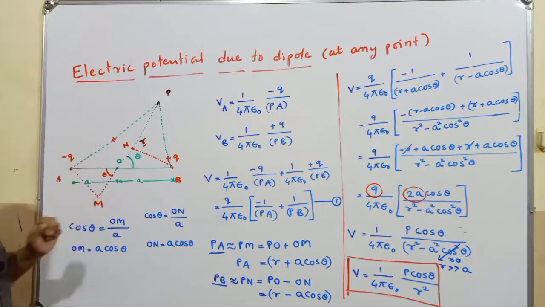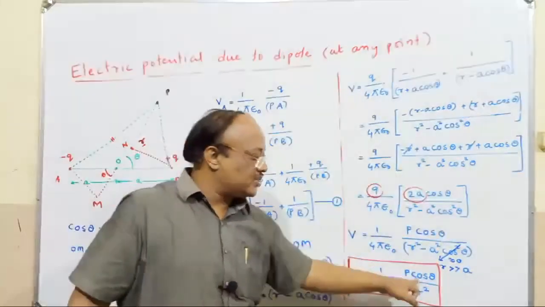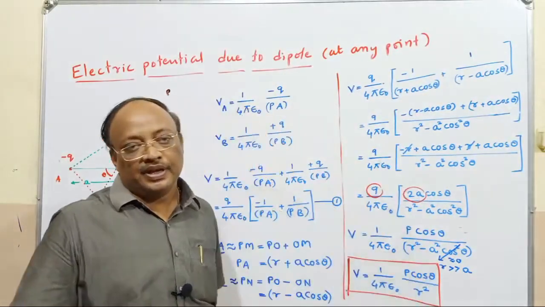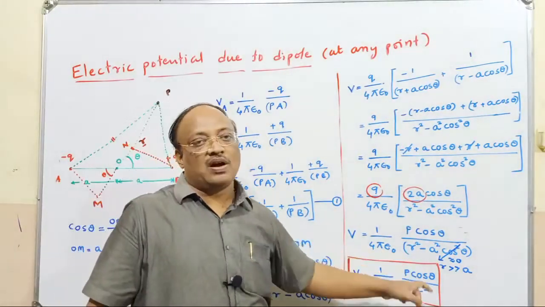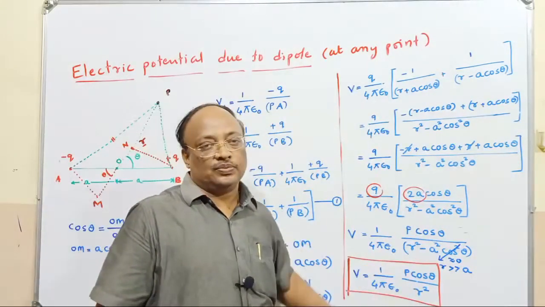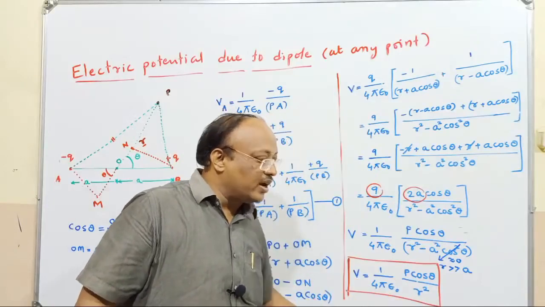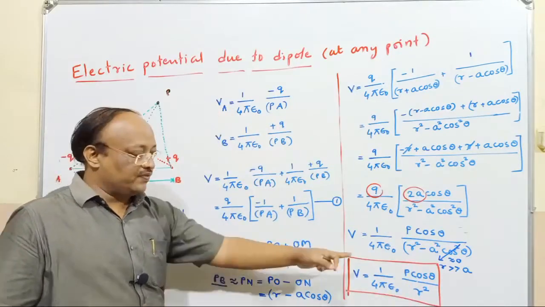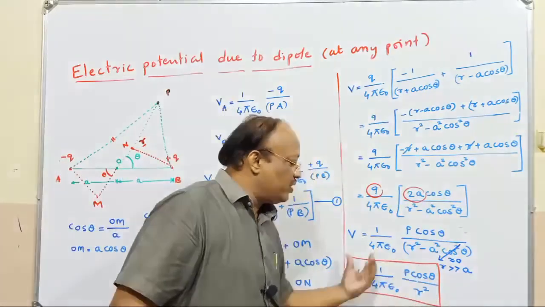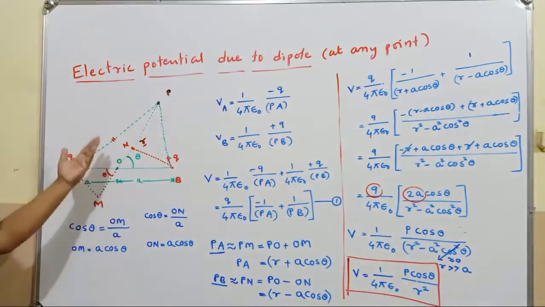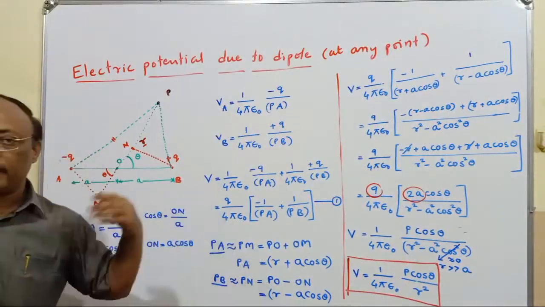If theta is 90 degrees, you substitute cos 90, which is equal to 0. Then this whole term becomes 0. So therefore, what we have derived in general, even if you apply for the axial and equatorial, we are getting the same.